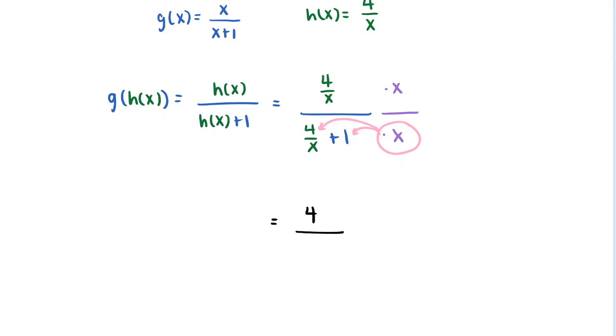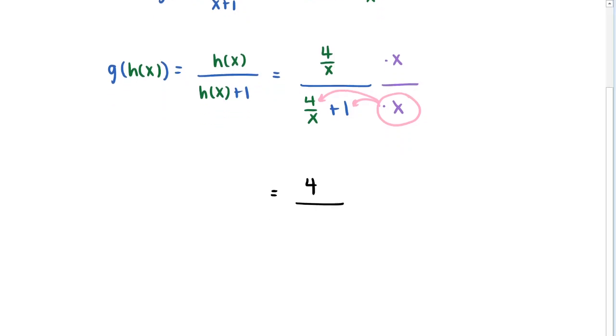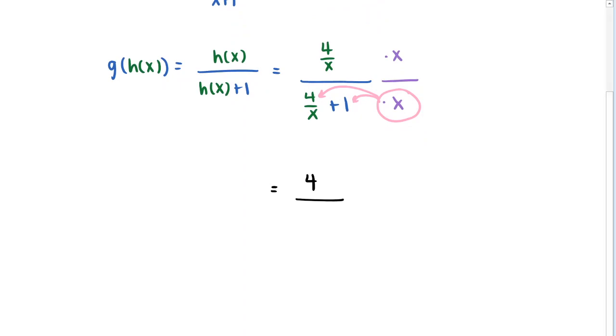When we multiply it to 4 divided by x, just like in the numerator, we just get 4. To take 4 and divide it by x, and then multiply by that same number x, leaves us with 4. But then when we multiply x with this next term, with 1, we're left with x. So g of h of x is really the same as the expression 4 over 4 plus x.